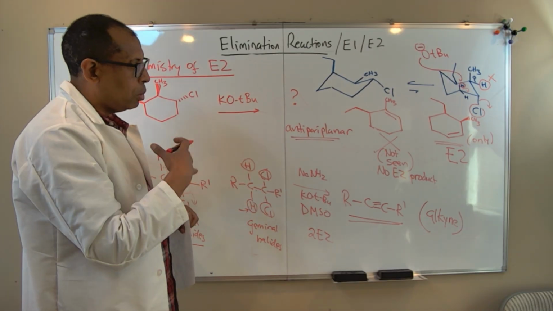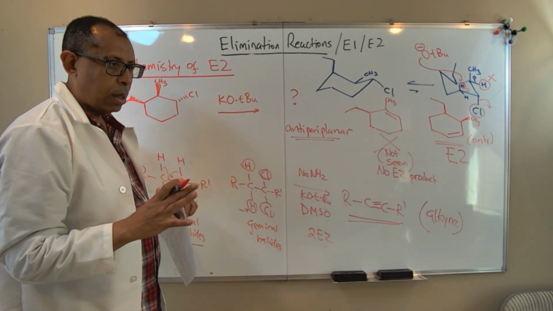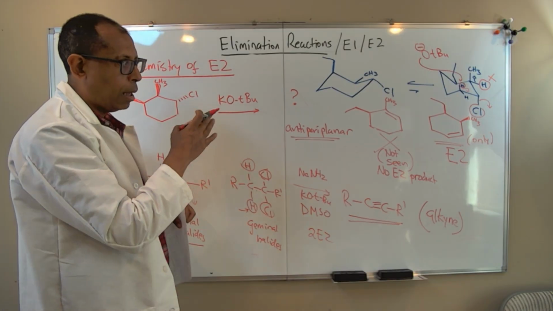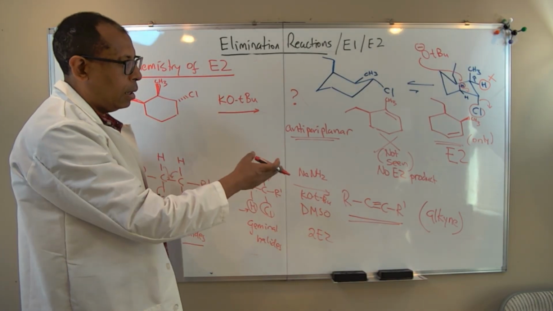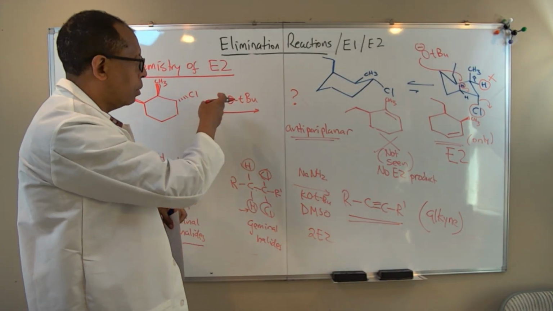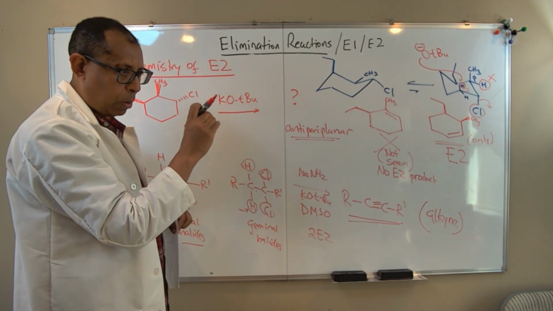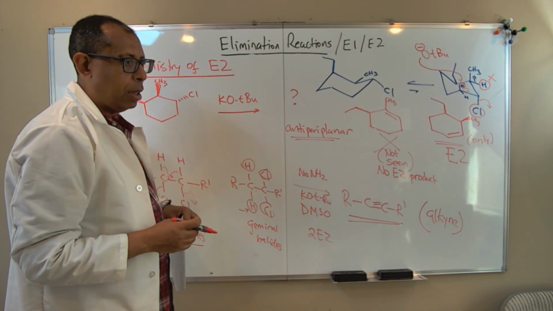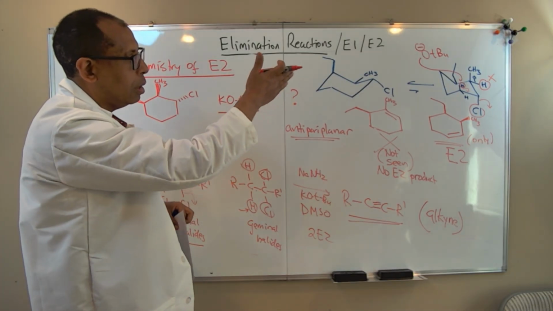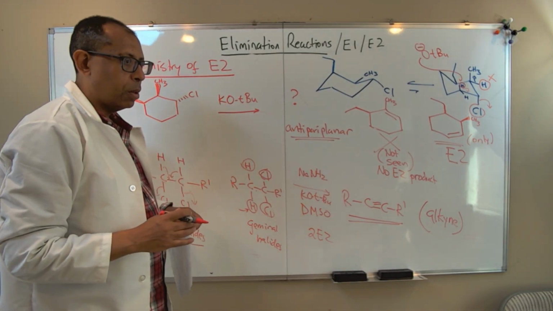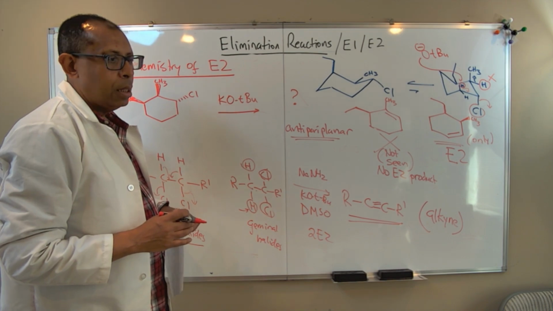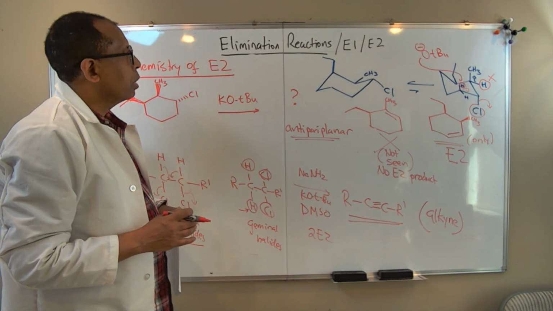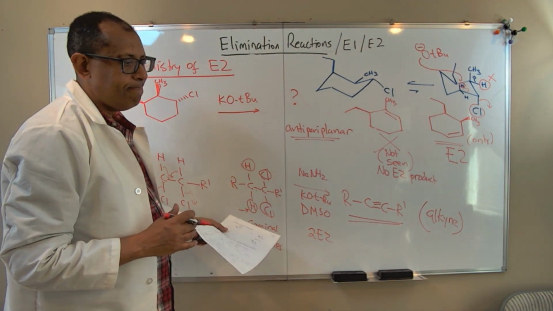But E2 is usually used in organic synthesis to make alkenes and alkynes. Also, an E2 reaction is stereospecific, meaning that it requires an antiperiplanar arrangement in the reaction. So with this we conclude elimination reactions. Thank you.